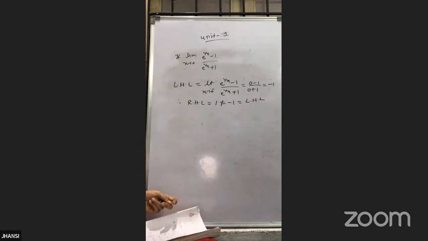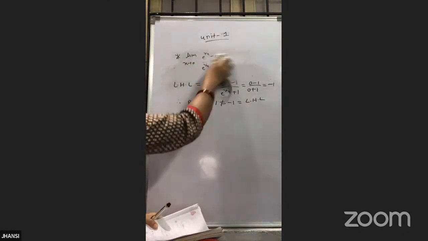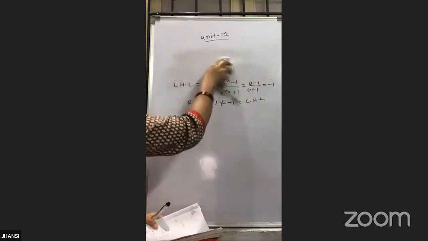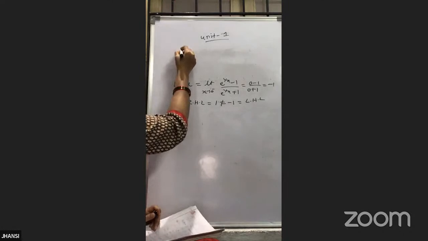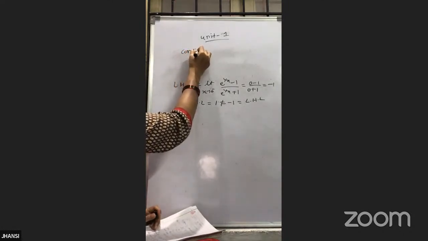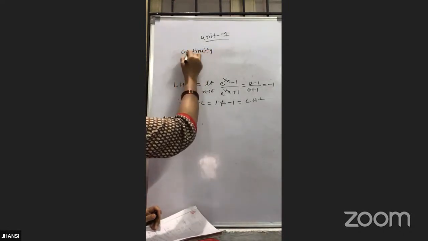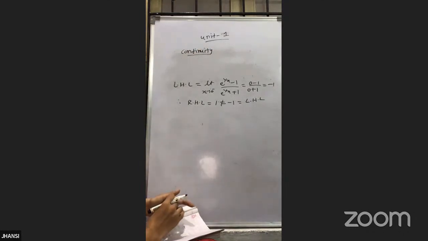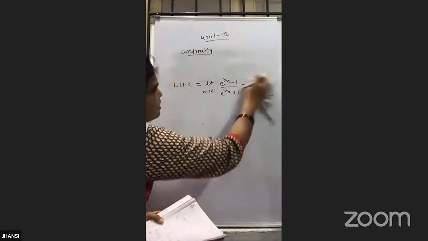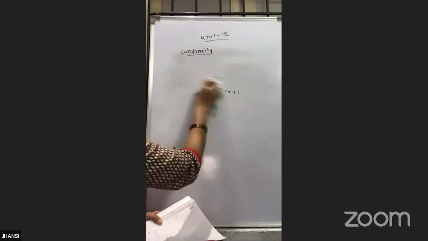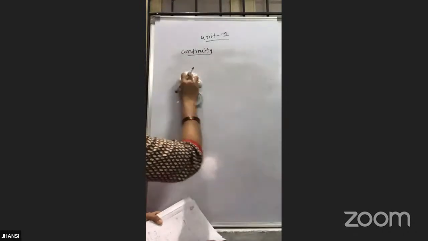Next, we have the concept of continuity. The continuity definition we have seen in the introduction. Any function is said to be a continuous function if, first, the limit should exist. If the limit exists and that limit value is equal to f of a, then that function is called a continuous function.